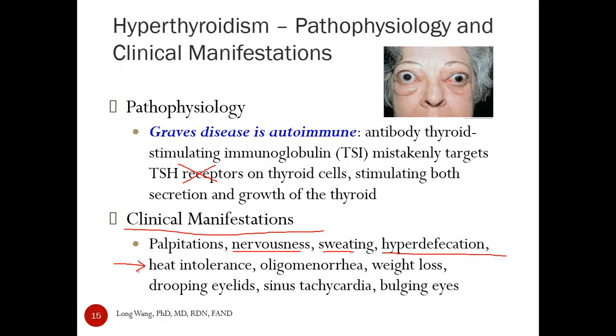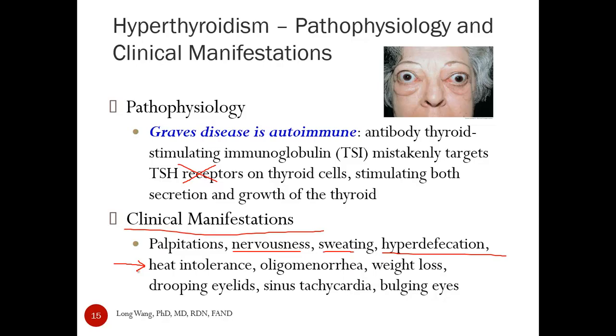Recall that in hypothyroidism, patients have an intolerance of cold. Here it is the opposite because we have too much thyroid hormone and we metabolize the nutrients too fast. Therefore, we have a lot more heat to dissipate. Therefore, we always feel hot.